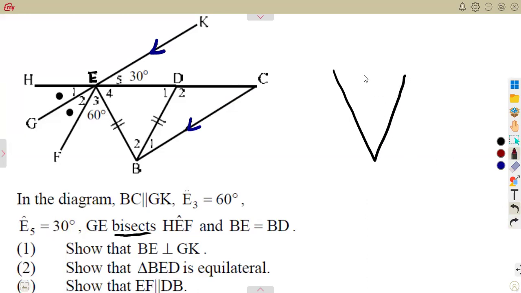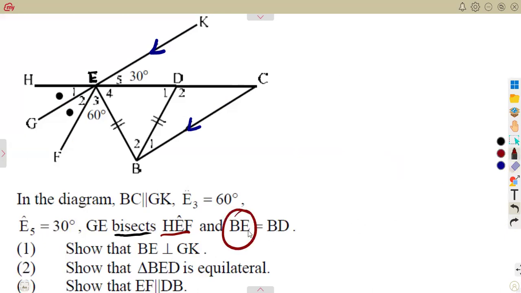A line which bisects an angle divides this angle into two equal parts. So we are given that GE bisects HEF. HEF is divided into two equal parts. That's the indication that we are seeing here. All right.